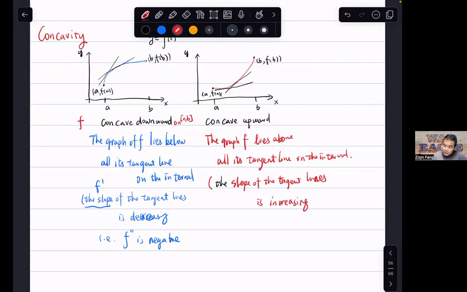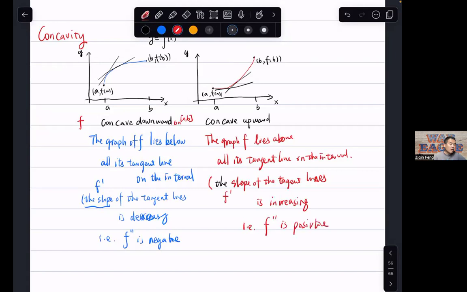So f prime, the slope, is increasing, which means the second derivative is positive. That is, f double prime is positive.